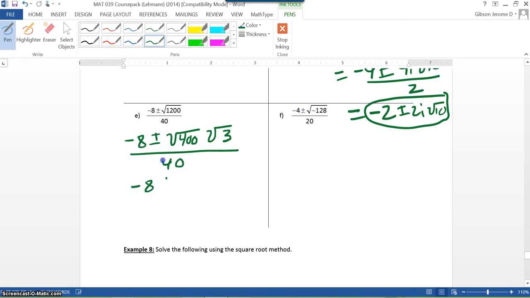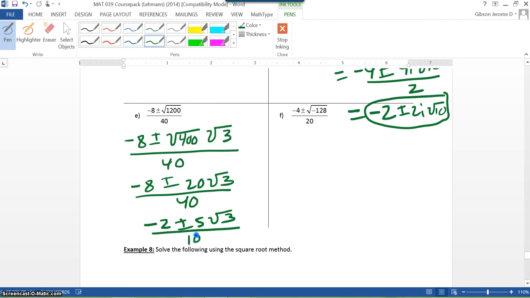So this would be negative 8 plus or minus 20 square root 3 all over 40. Now if we look at 8, 20, and 40, all of them have 4 in common. So it would be negative 2 plus or minus 5 square root 3 all over 10. And this would be our final answer.